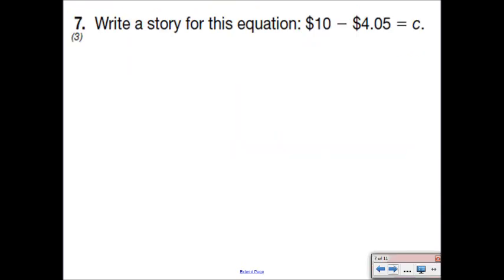Problem number 7 says, write a story for this equation. 10 minus 4.05 equals C. So since it's talking about money, we could say that somebody went to the store. So we could say that Janet went to the store with $10.